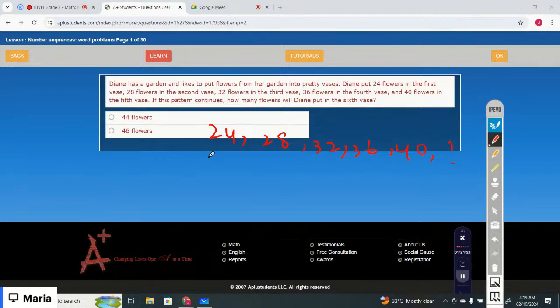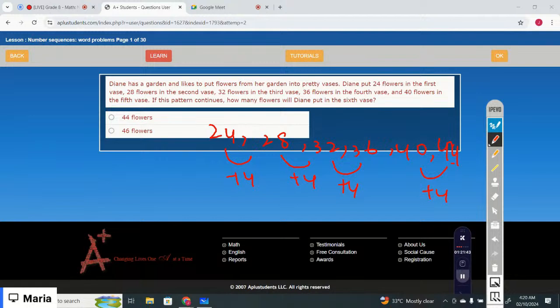You just see how they are increasing. 24 plus 4 is 28. 28 plus 4 is 32. 32 plus 4 is 36. The pattern is going by 4. So for the next one, you need to do 40 plus 4, that is 44. So that means for the next vase, in the sixth one, he is going to place 44 flowers.